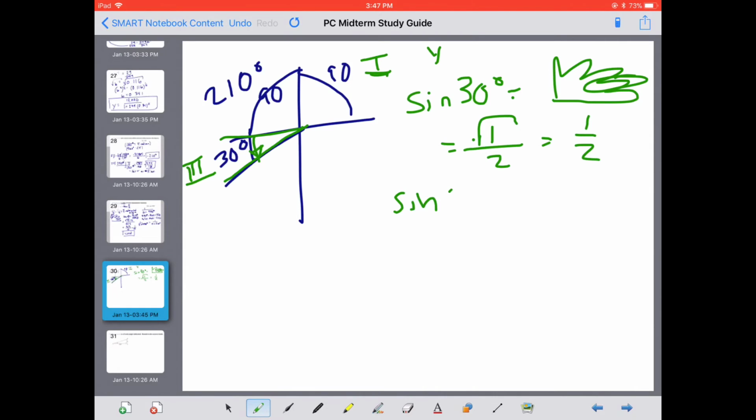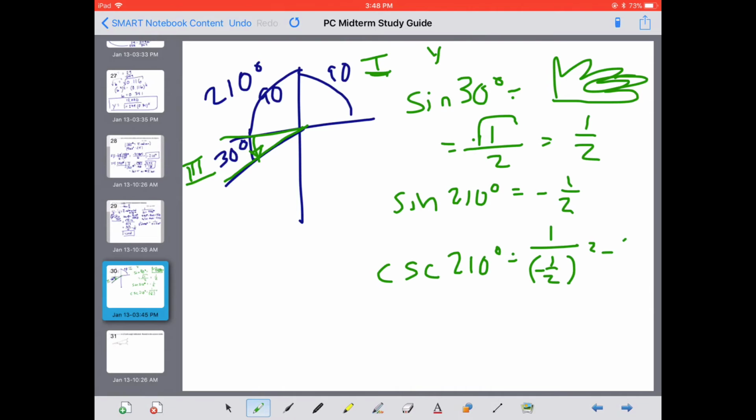So that means sine of 210 would be negative 1/2, but we're finding the cosecant of 210, which is 1 over negative 1/2. So that's negative 2. So that means the cosecant of 930 degrees is negative 2.